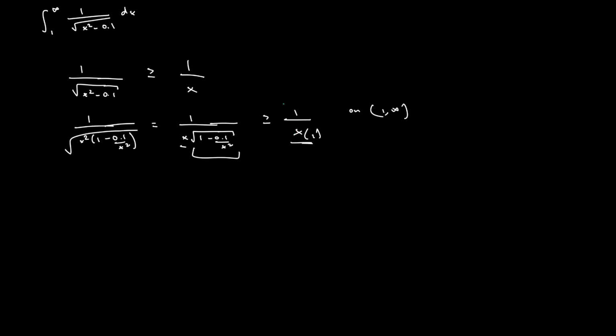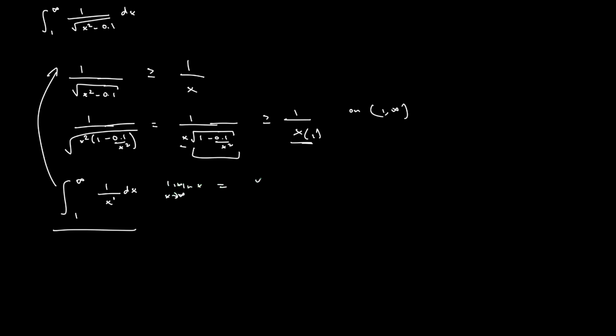If we can show that the integral of 1 over x dx diverges on this interval, it must mean that the original function diverges. And we know this function already diverges because here the degree is 1, and when the degree is 1, it diverges. You can also show it by evaluating this to ln x, and you'd get the limit as x tends to infinity of ln x, which just equals infinity.